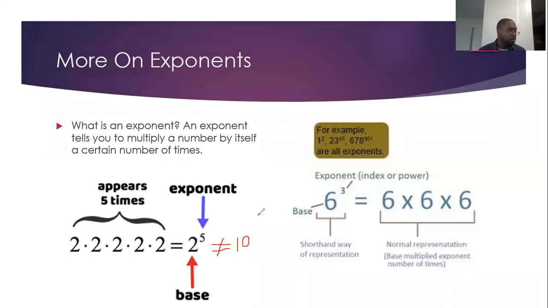You're using regular common sense. There's math common sense, and then there's other kind of common sense. We got to use math common sense. So math common sense tells us that 2 to the 5 is 32. The first thing you might think is, well, 2 times 5 is 10. That's not what's going on. This is really important that you don't do that.